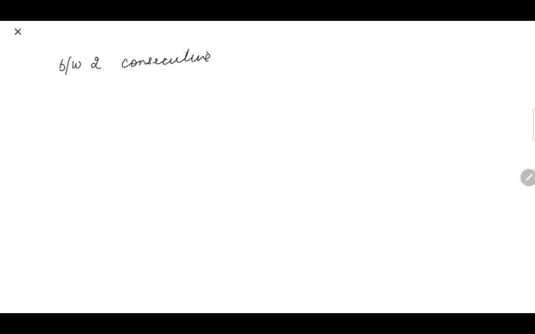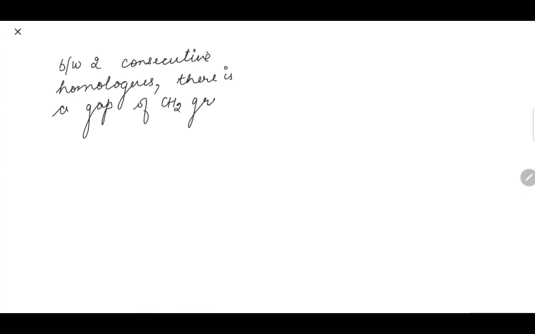Homologues means members. Between two consecutive homologues, there is a gap of a CH2 group. Are you understanding?